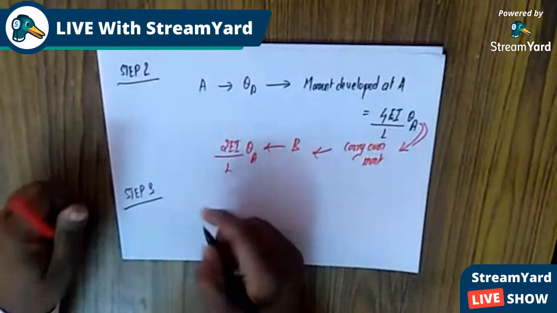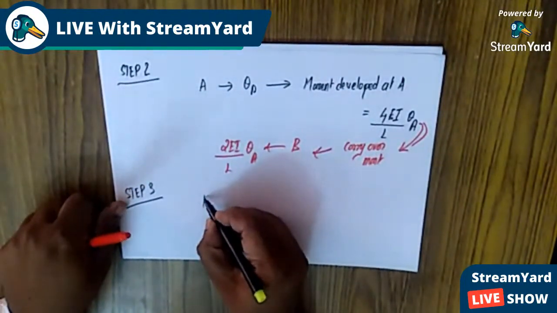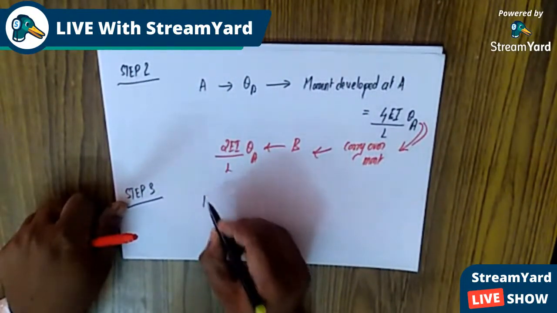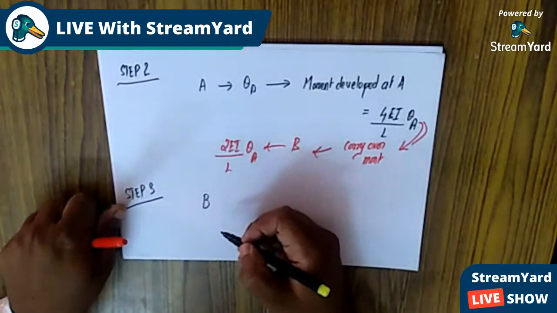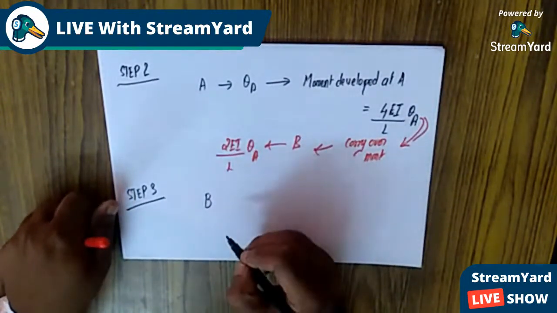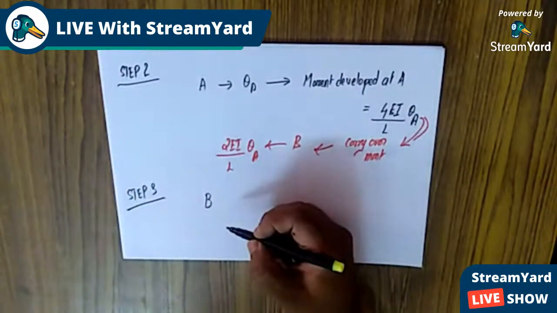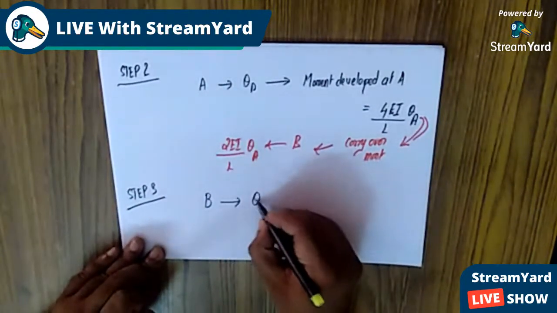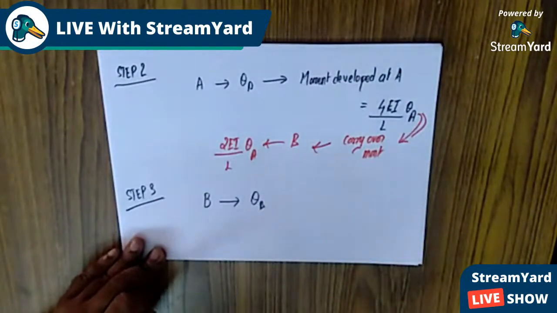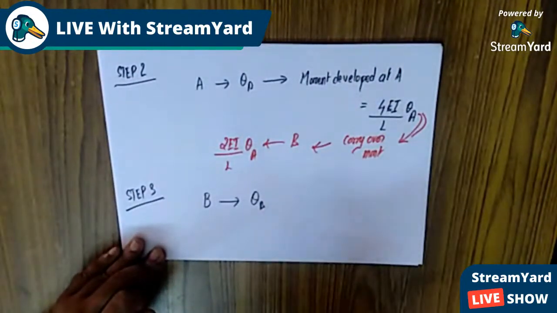Similarly, we will consider the continuous support at B in the span AB, or the joint B, not exactly the support, it is a joint B. So let theta be the rotation developed at B due to the end moment.